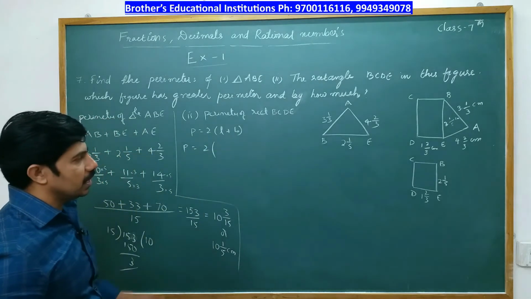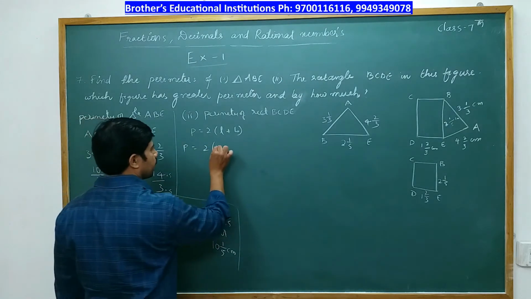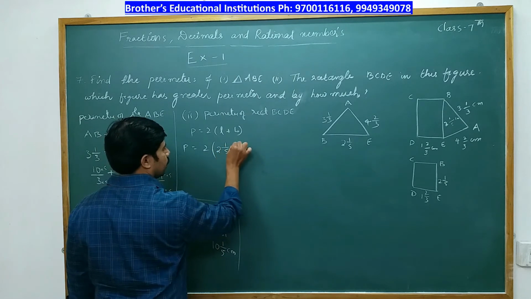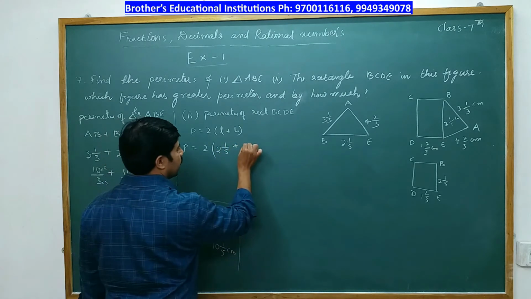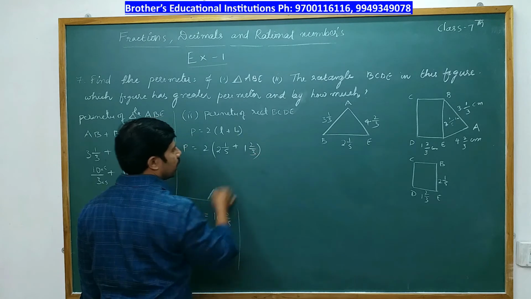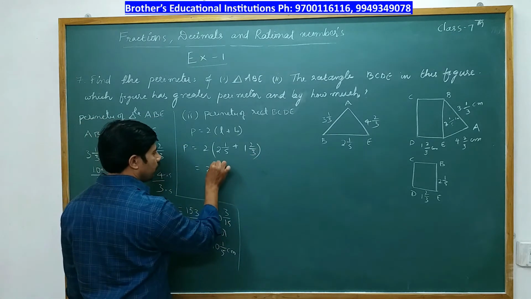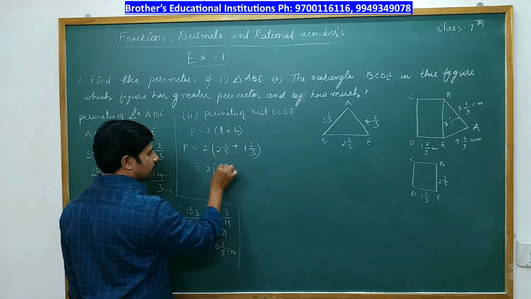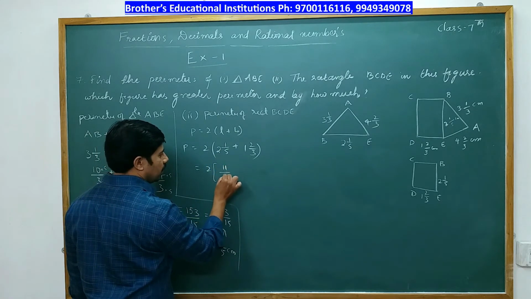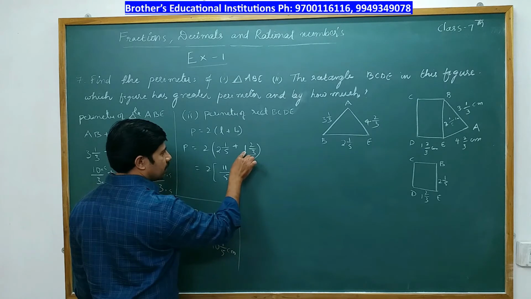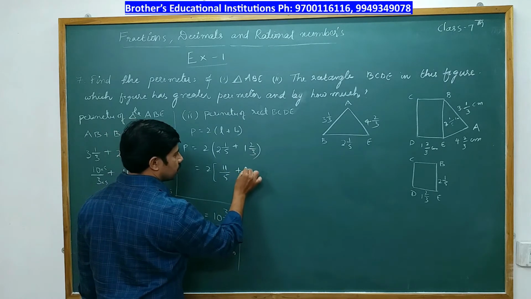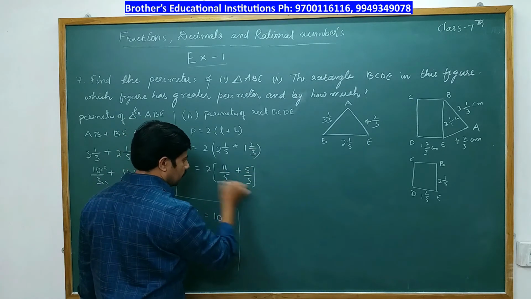Length of the rectangle is 2 1 by 5, plus the breadth of the rectangle is 1 2 by 3. Now we'll simplify this. 2 into 5 is 10 plus 1, it is 11 by 5. 1 3s are 3 plus 2 is 5 by 3 I am getting.